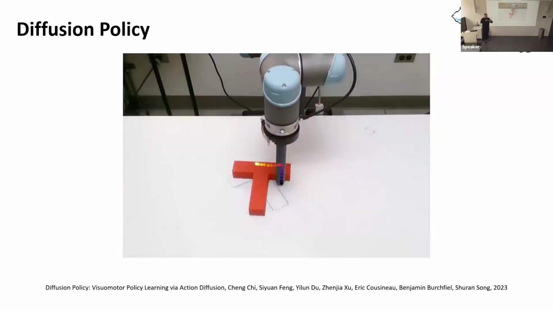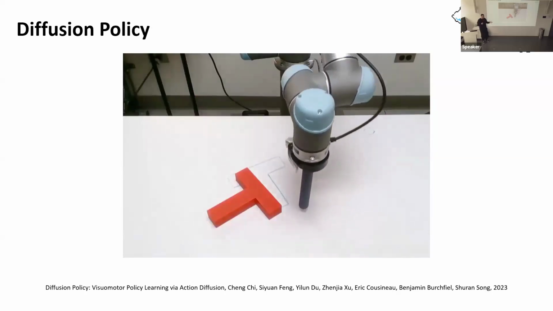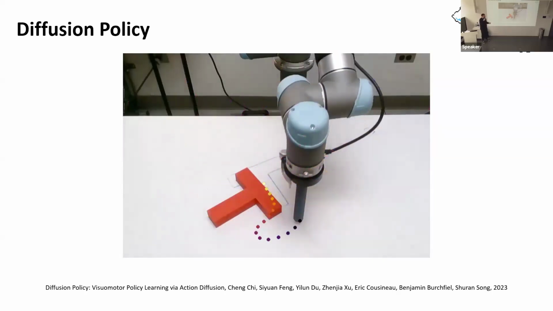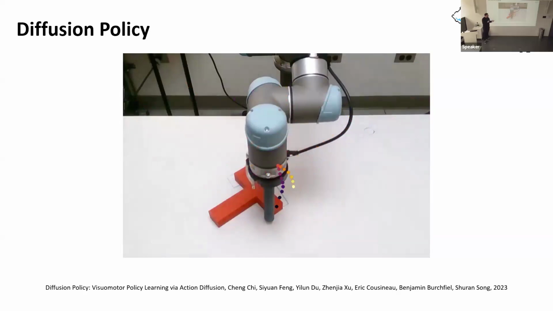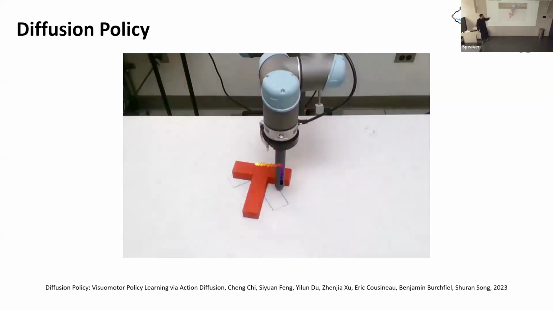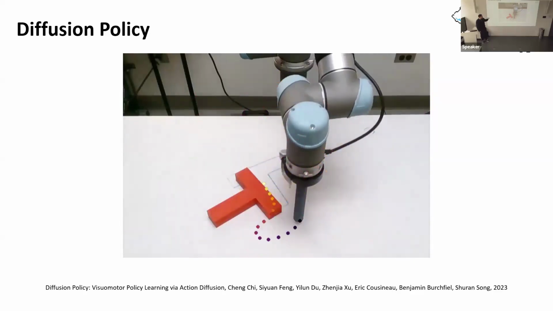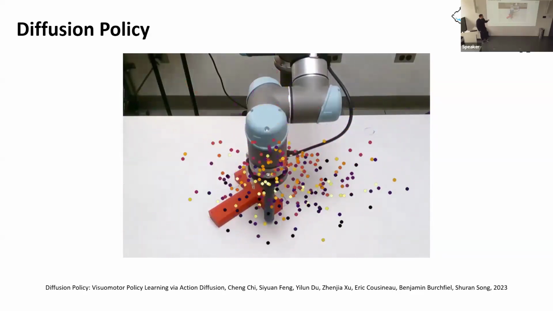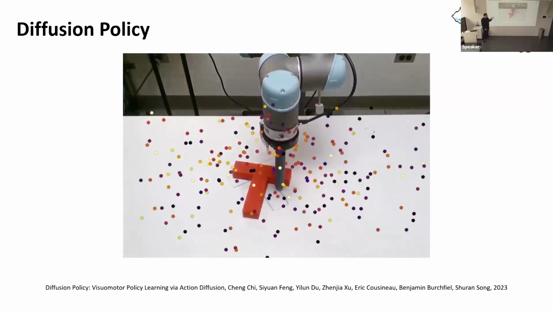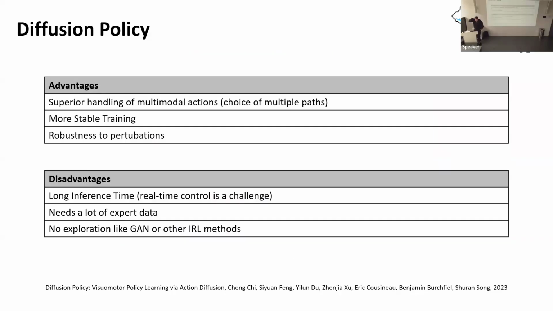We start from random noise, and by denoising the random noise, we get a path that basically solves our problem. Keep in mind that the training data for diffusion policies is not cheap, so we need a very large amount of expert data here so the diffusion works.